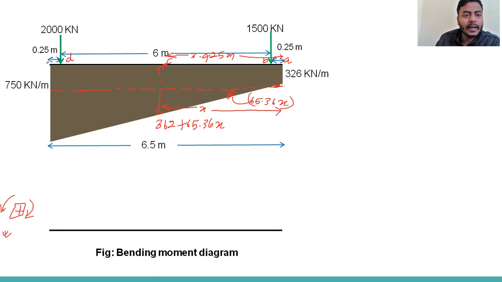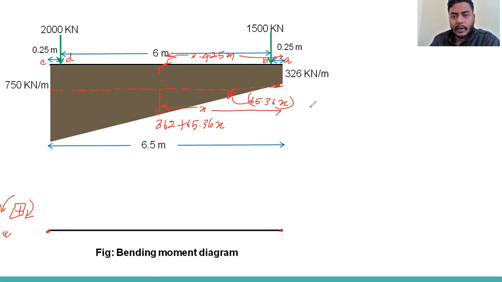And here the point D and point E. So we know the bending moment at point A and E will be zero. So we have to calculate the bending moment at points B, C, and D. So let's go to calculate.